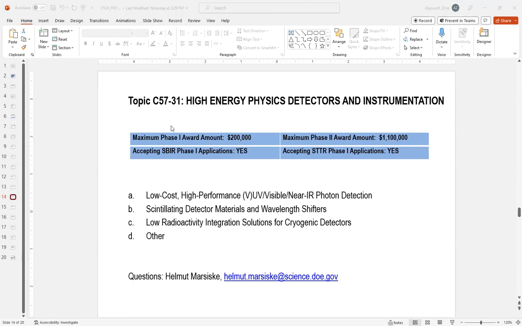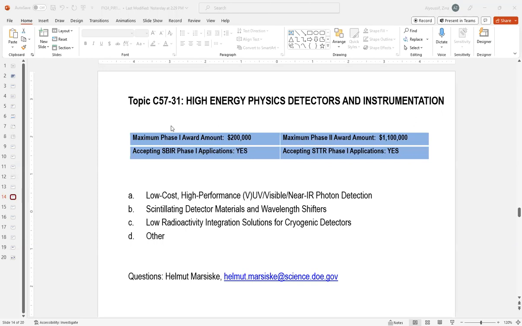And last but not least, we're looking for cost effectiveness, because in some of the applications we have to cover large volumes, meaning multiple cubic meters.